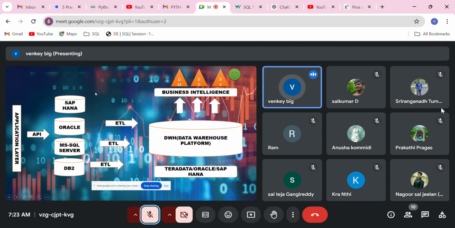And on top of that, as data engineers, we will be doing the ETL process: extract, transform, load. And then we will load the transformed data into a data warehouse platform, which is actually the OLAP. Okay. And on top of that, business will do the business intelligence process.